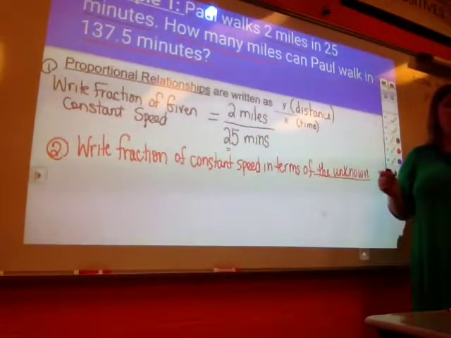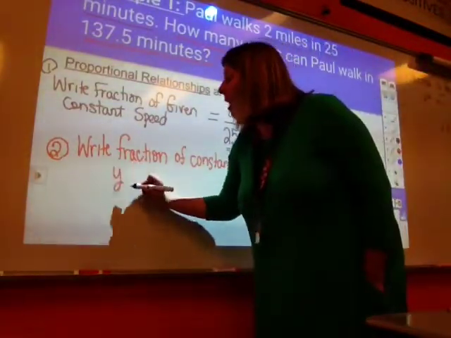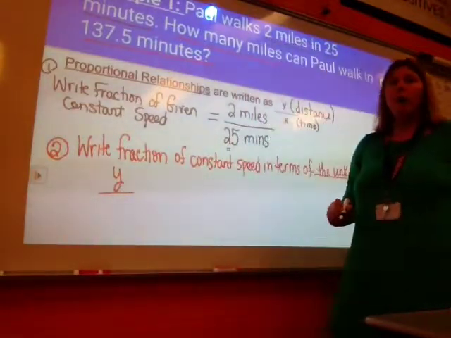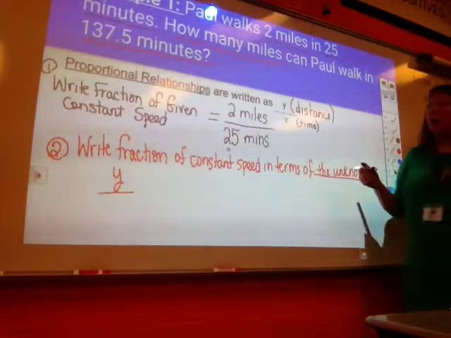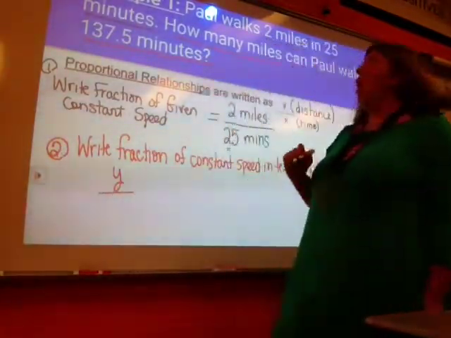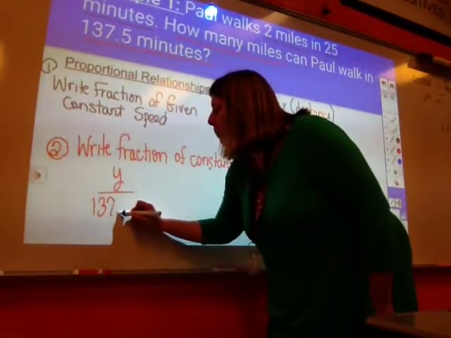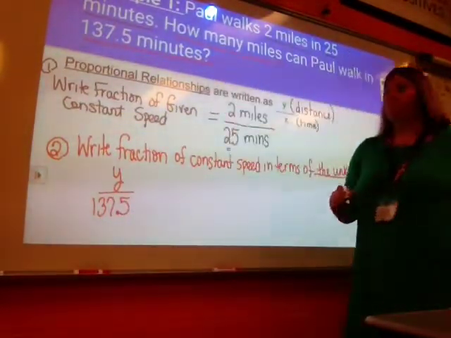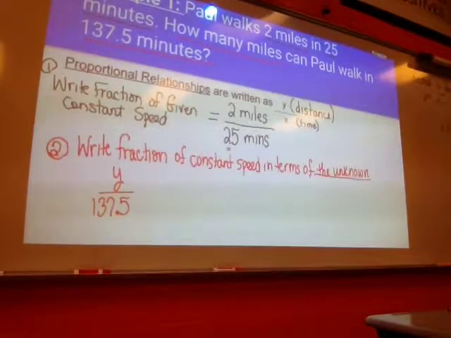So, if I don't know how many miles, is miles my y or my x? Y. It's my y. So, I would write y over, do I know my minutes or my time? Yes. What do I know? 137.5.